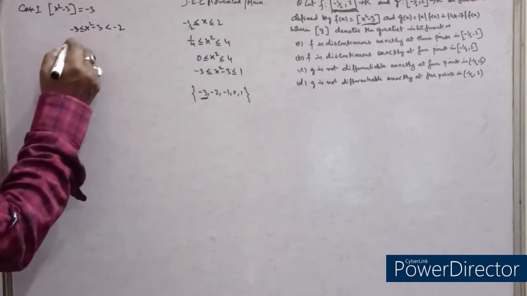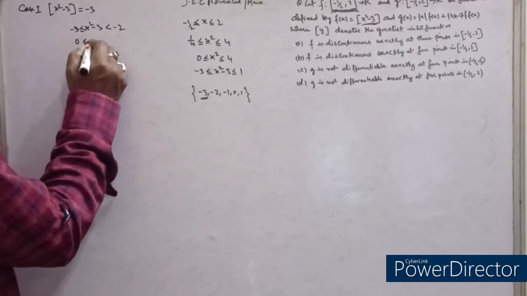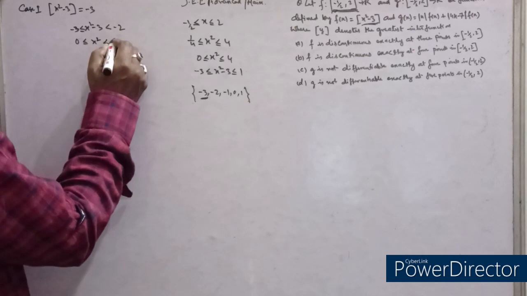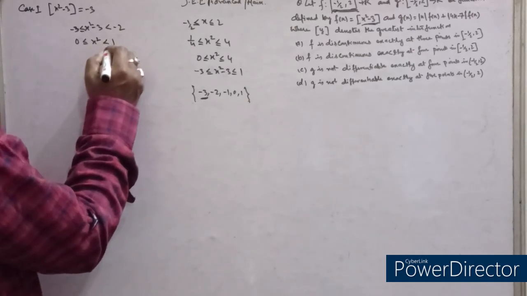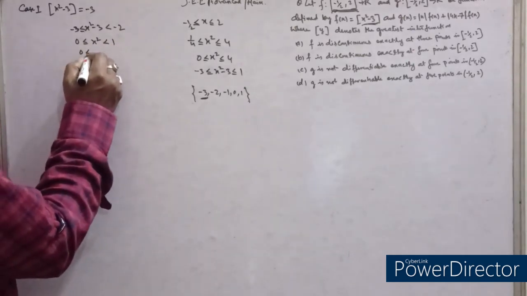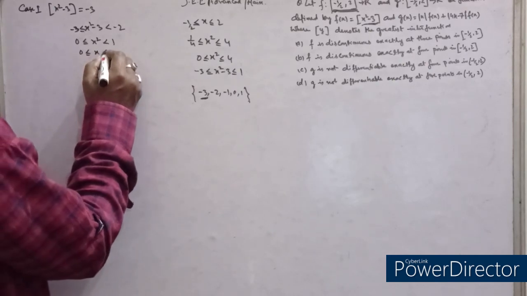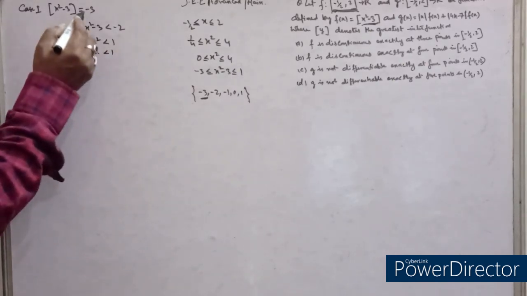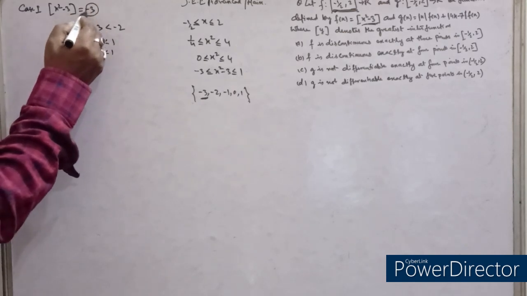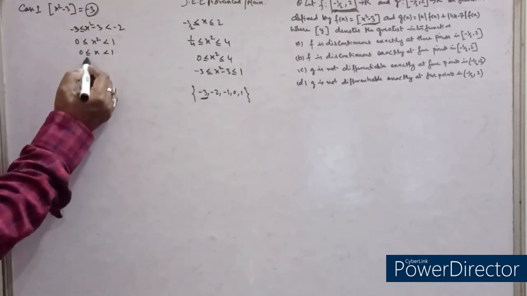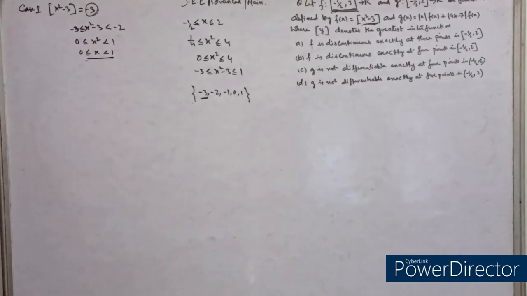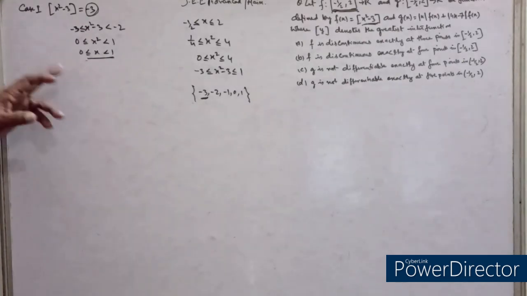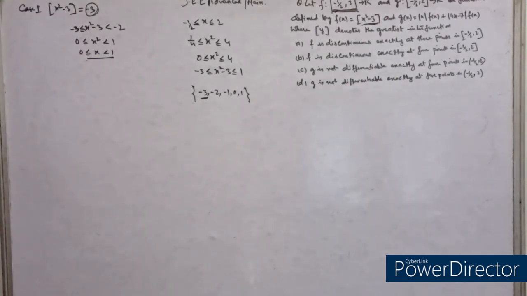Now adding 3 to both sides, 0 less than or equal to x² less than 1. So in this interval, your result will be minus 3.